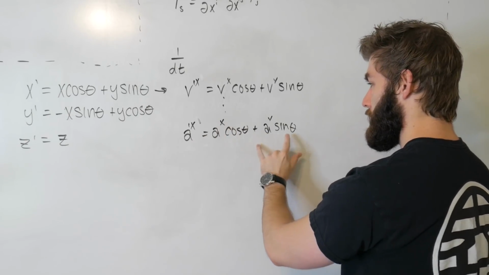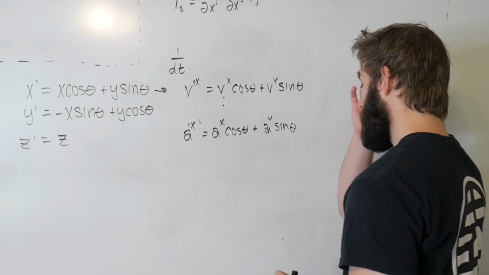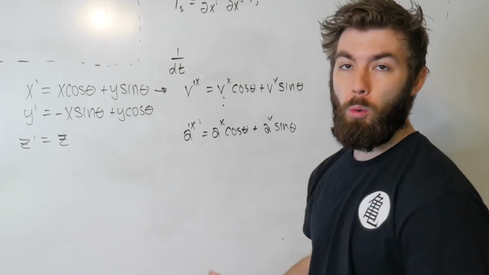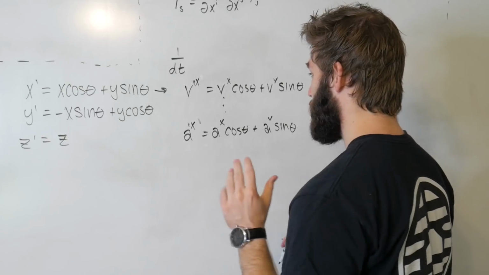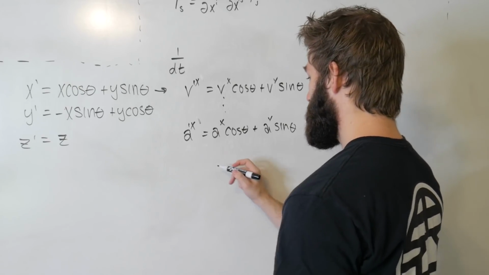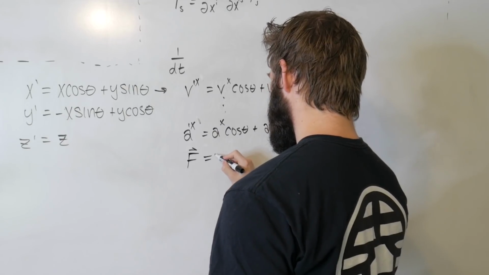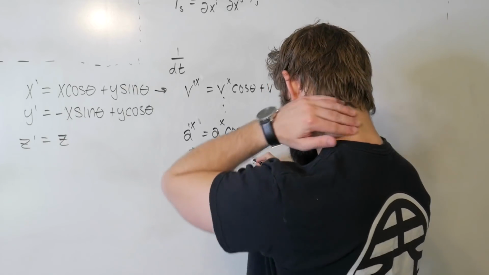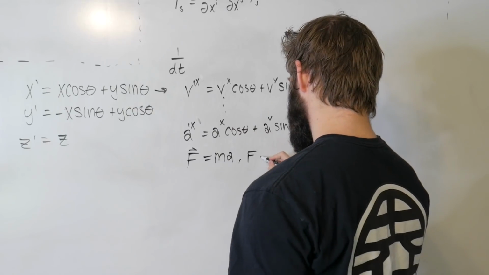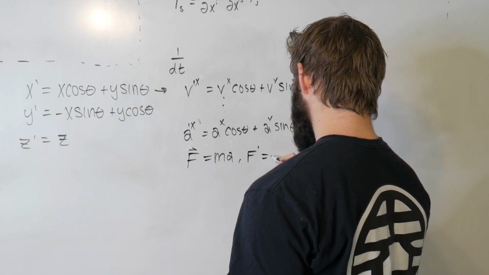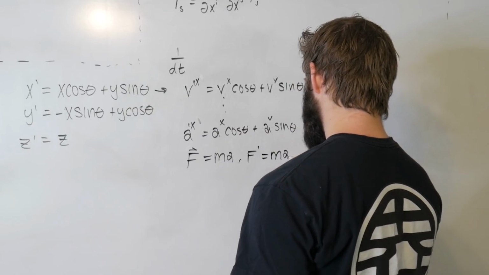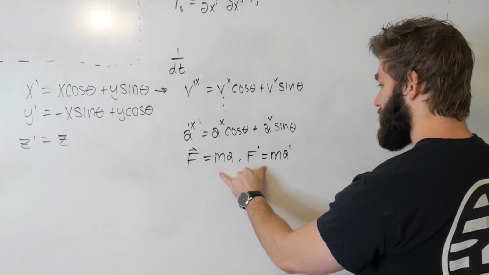They will be if theta is 0, but that's because it's the same reference frame. But what happens is that the total will be the same. The same physics should apply, which means that F equals ma and F, let's say prime, equals ma prime. These both have the same relationship.